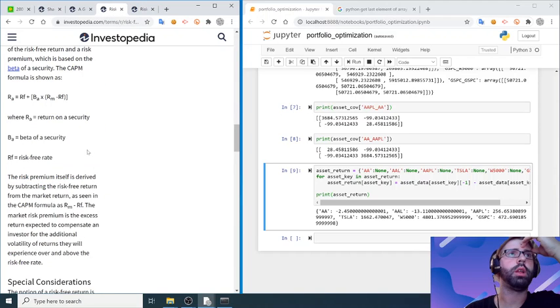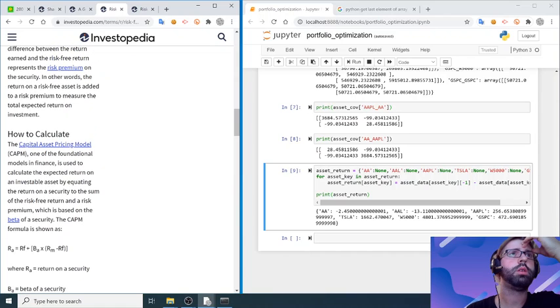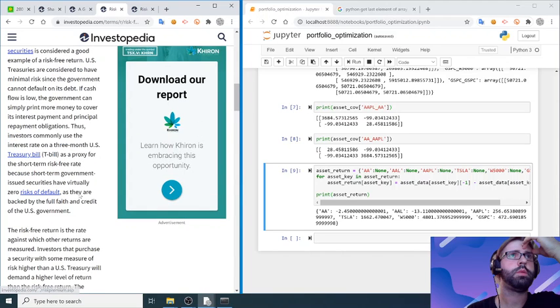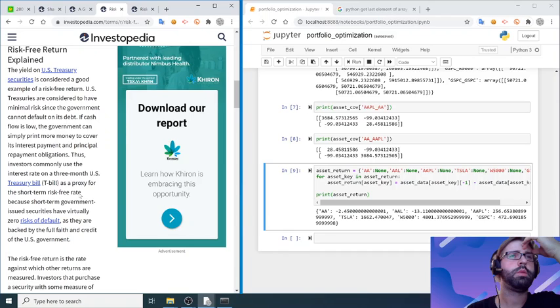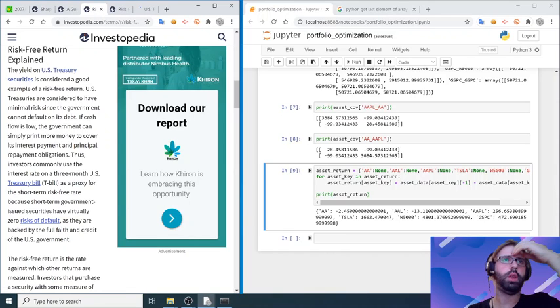I don't know how to calculate that. The yield on the US Treasury securities, that's what's used. Investors commonly use the interest rate on a 3-month US Treasury bill as a proxy for the short-term risk-free rate.